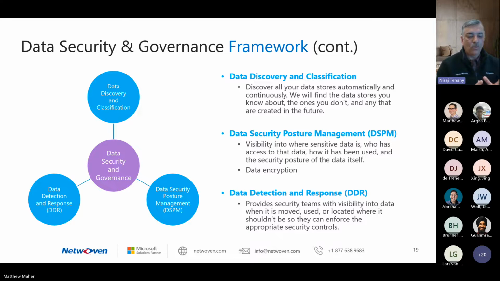Once you know what data you're protecting, if there is an incident, you've got to make sure that your data detection and response process is in place to be able to drive things to resolution. So this is a 360-degree view of how to discover and protect data, and to respond to security threats.